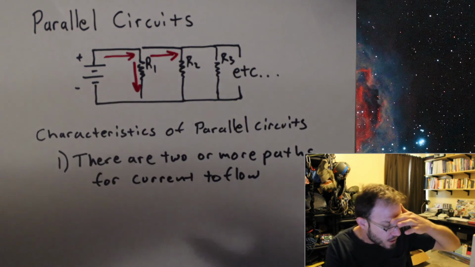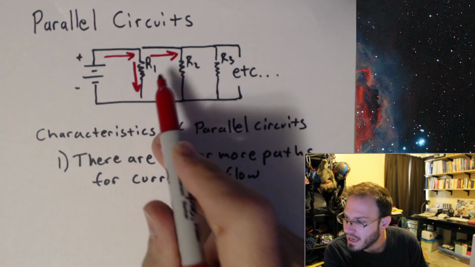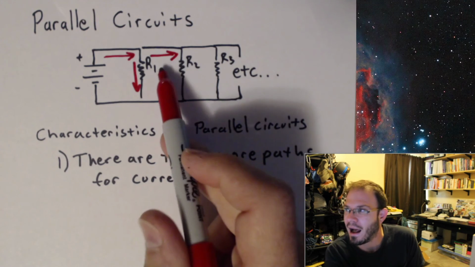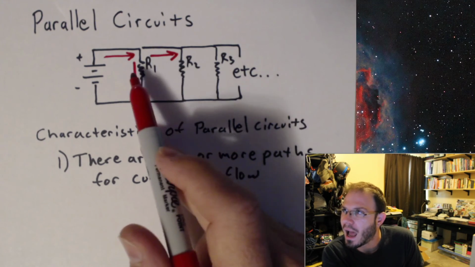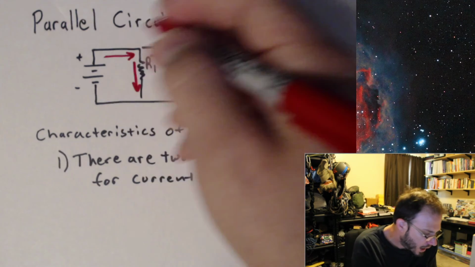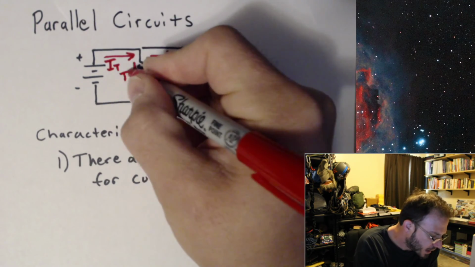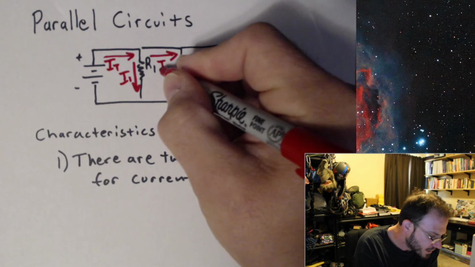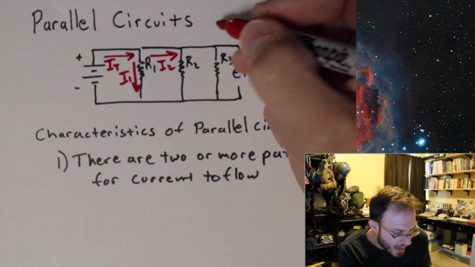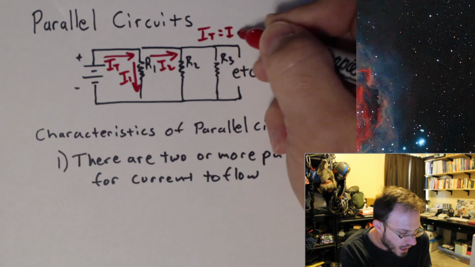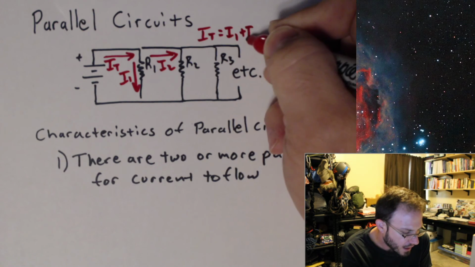So the current splits, and we will talk about how it splits. But I will tell you right now, if this is IT, and if this is I1, and if this is I2, then we absolutely must say that IT equals I1 plus I2.